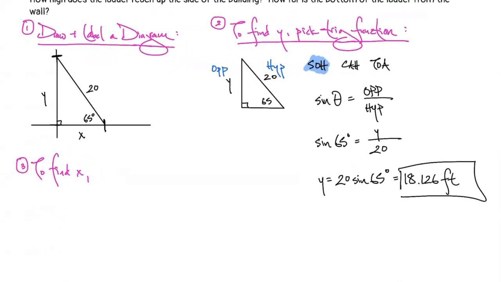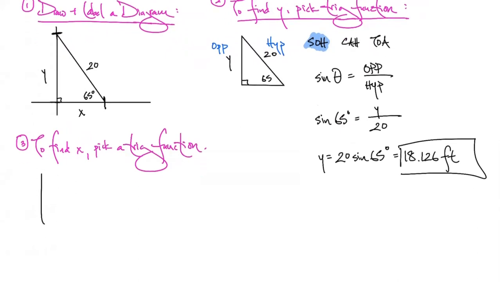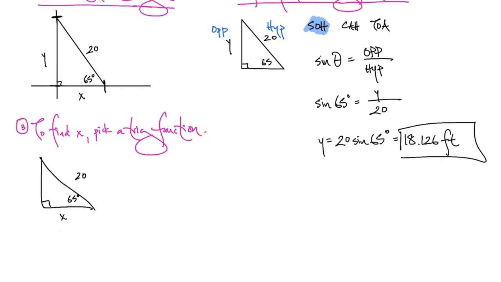So to find x, we could pick a trig function, just like we did in part 2, right? And let me just draw a quick diagram for that. We've got x and 20 and 65 degrees. This is my hypotenuse. This is my adjacent.